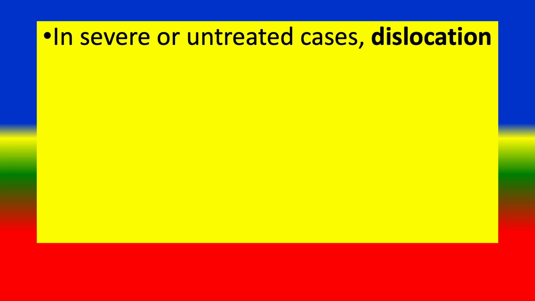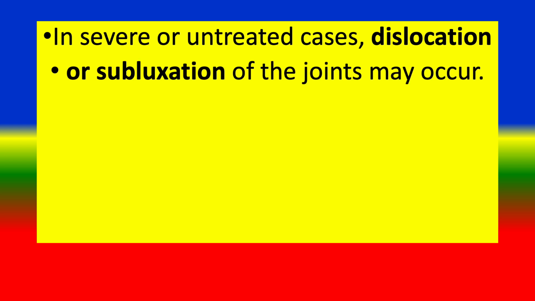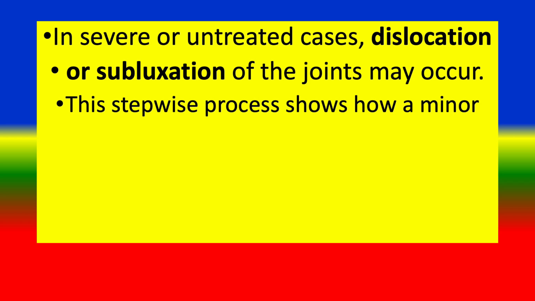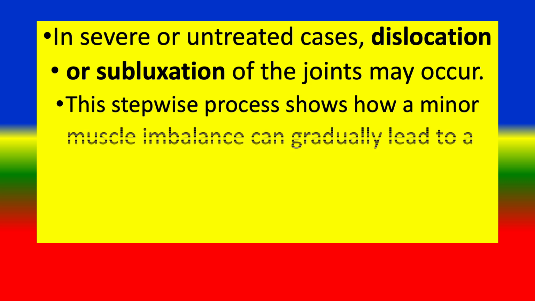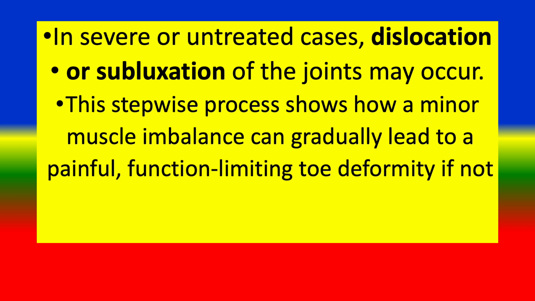In severe or untreated cases, dislocation or subluxation of the joint may occur. This stepwise process shows how a minor muscle imbalance can gradually lead to a painful, function-limiting deformity if not properly managed.